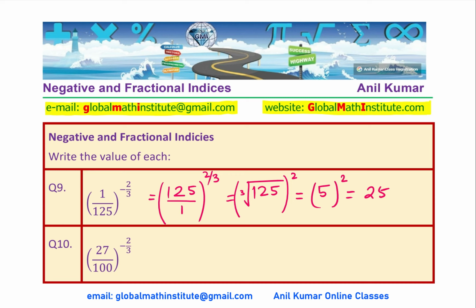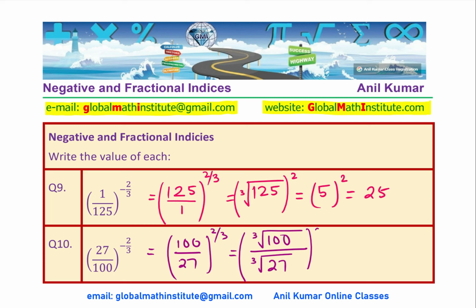The last question here is 27 over 100 to the power of minus 2 over 3. So minus in the power means flip it. 100 over 27 to the power of 2 over 3 now. Do the cube root first. So we have 100 cube root over 27 cube root. And then you square it. So here in the denominator, you could easily get the answer, which is cube root is 3. But in the numerator, with 100, we really cannot solve it, right?